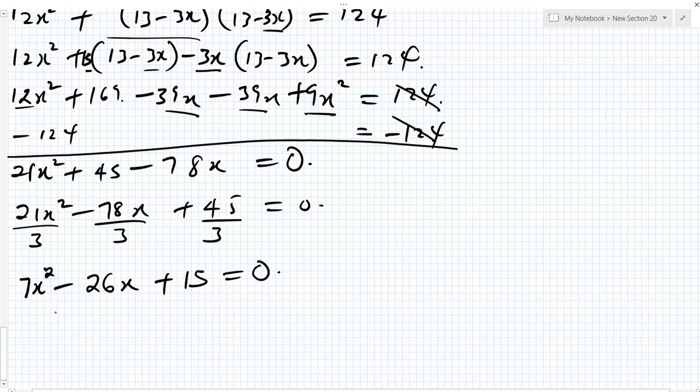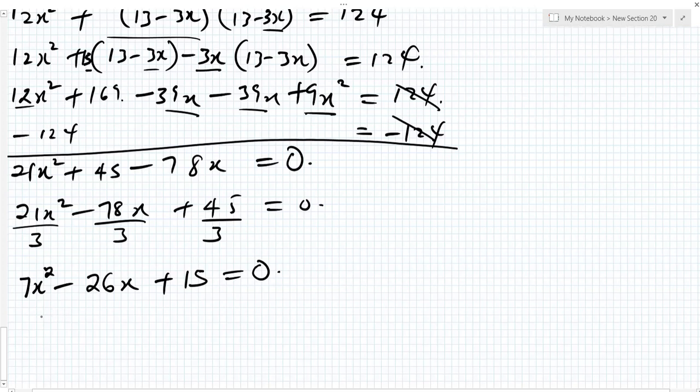Now we now have this expression. Now how can we solve it? We can just say this last term times this first term.